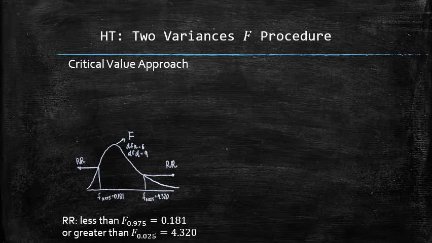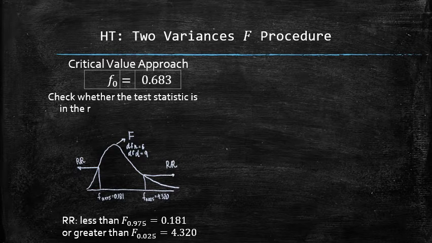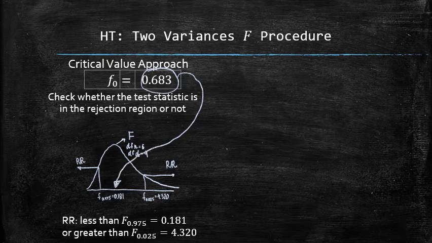In the critical value approach, we must check whether the test statistic is in the rejection region or not. Our test statistic is 0.683, and it is in between the critical values 0.181 and 4.320. Thus, it is not in the rejection region.